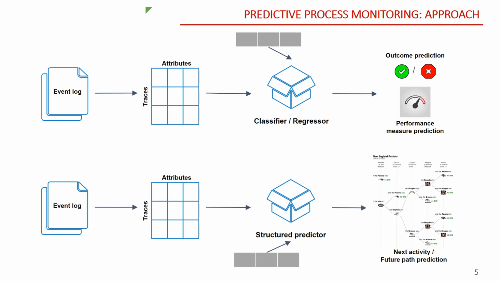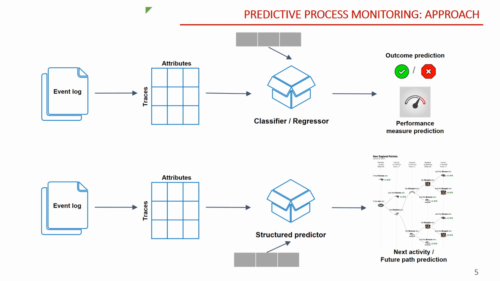Or on the contrary, we can have different, more complex predictors. They are deep learning algorithms, and we will call them structured predictors. These predictors are structured because they are able to predict more complex objects composed of or described by attributes. So they are able not only to predict what the next activity is, they are able to predict the next activity, who is going to execute this activity, how much time it is going to take, and so on and so on.